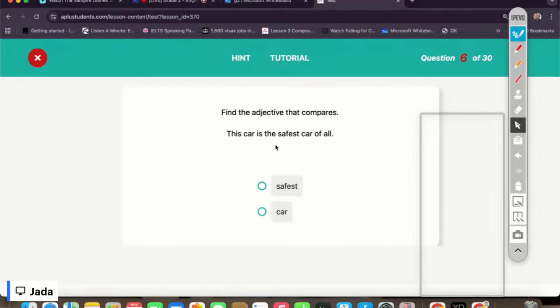Then the car is the safest car of all. Safest or car, what is the adjective here?